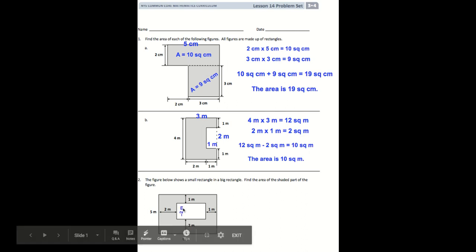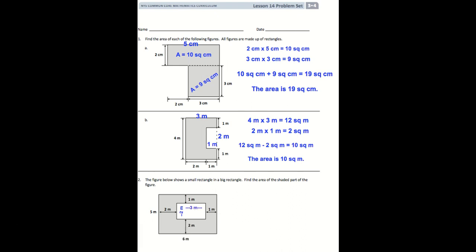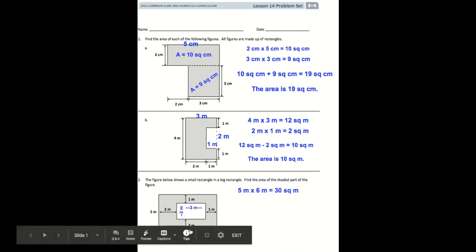So we know that this is 2 meters and 3 meters. Because right here it says this is 2. That makes 3. We know the whole thing's 5, so there was how we got our 2. So 5 meters times 6 meters, so that's this and this, equals 30 square meters.